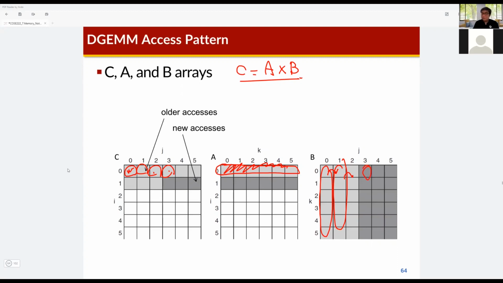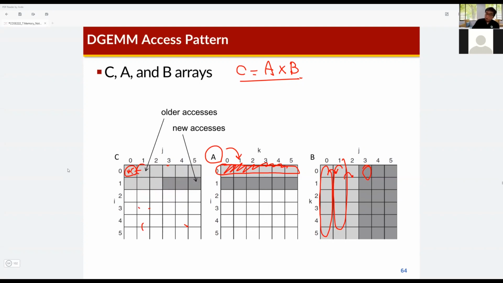If the size of a matrix is large, then we cannot store the entire data in the L1 cache. Understand? But we know that, let us assume that the matrix multiplication is calculated this way.